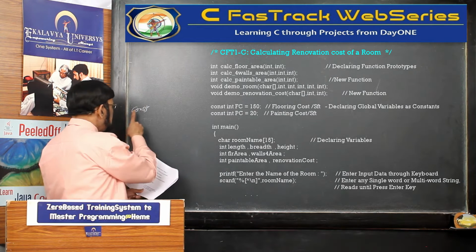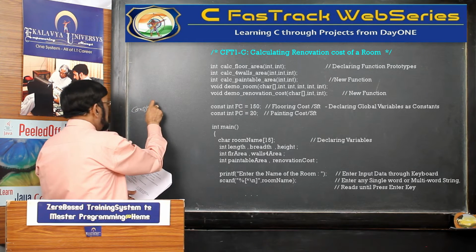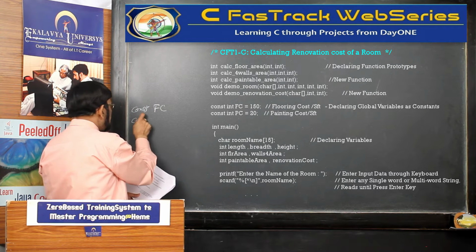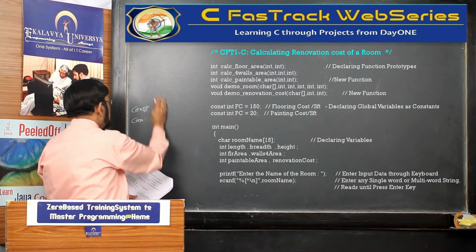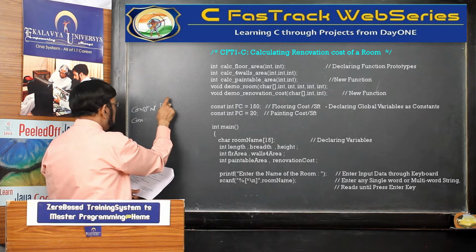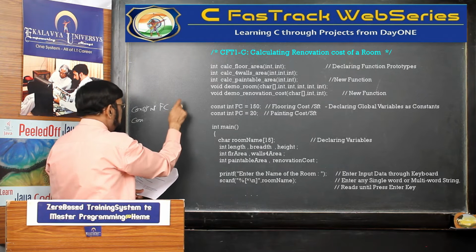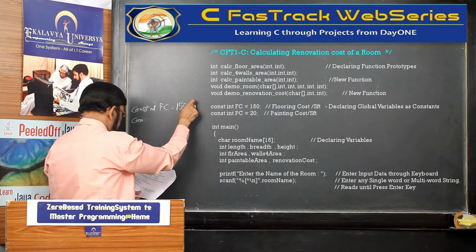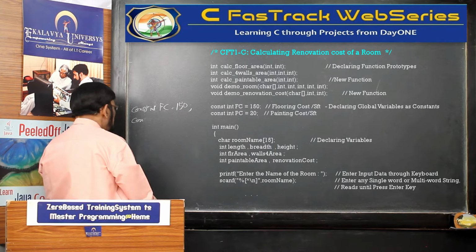That's why const and FC, floor cost. Sorry, here type also is required. Int FC is equal to 150. Floor cost 150.